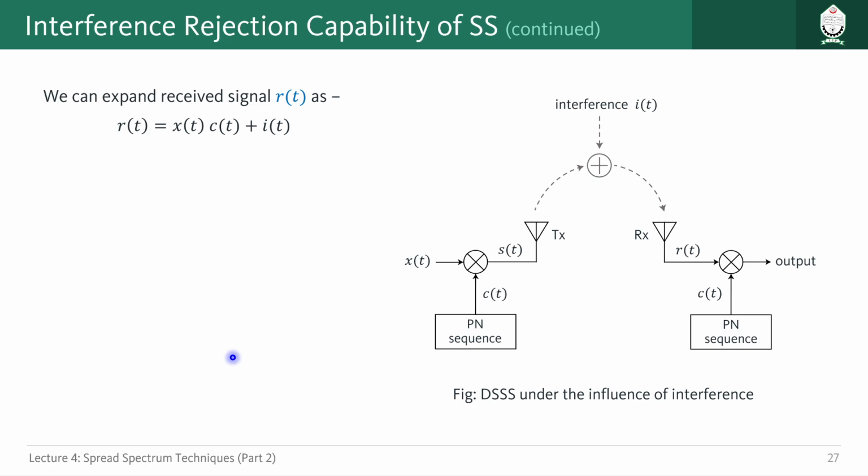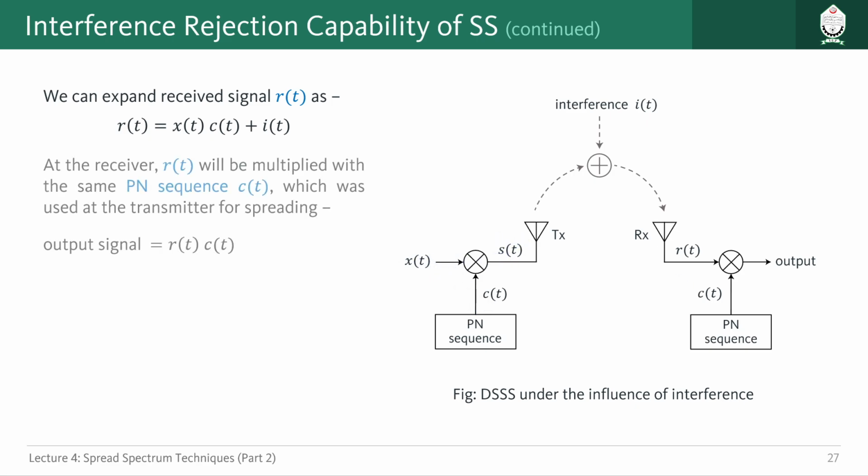Now we can expand this signal R of t, because we know S of t can be written as x of t multiplied with C of t, since S of t is the resultant signal after x of t gets multiplied with C of t. At the receiver, the received signal will be multiplied with the same exact PN sequence C of t, right?